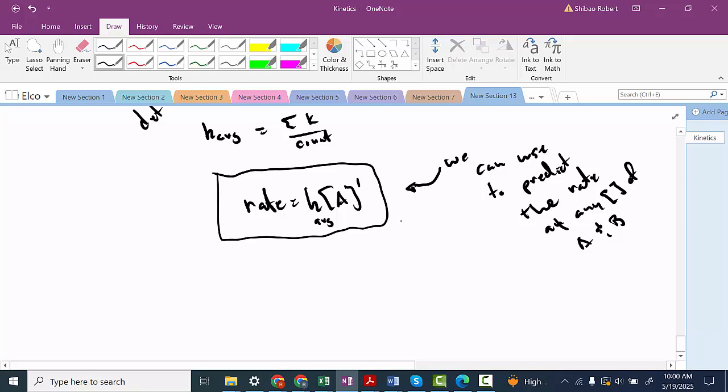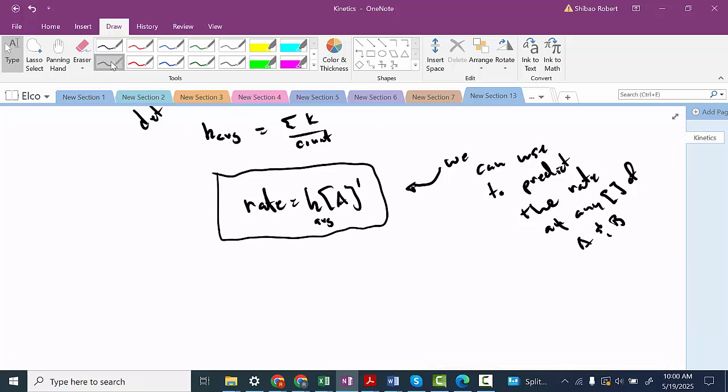Let's say I cut A and I cut B in half. How fast will the reaction proceed at that point? And so we can use the rate law to determine the rate at any concentration.